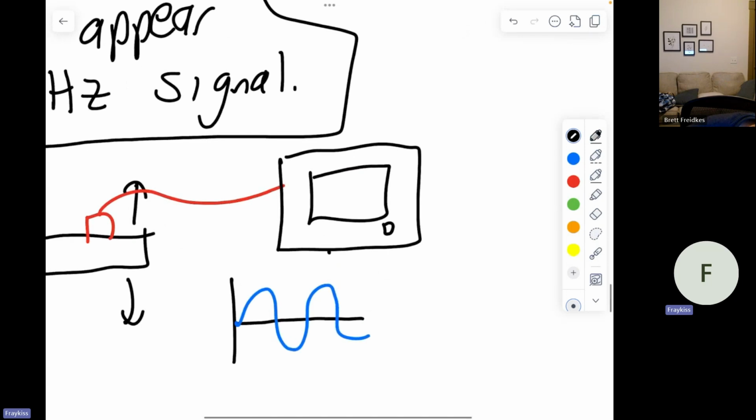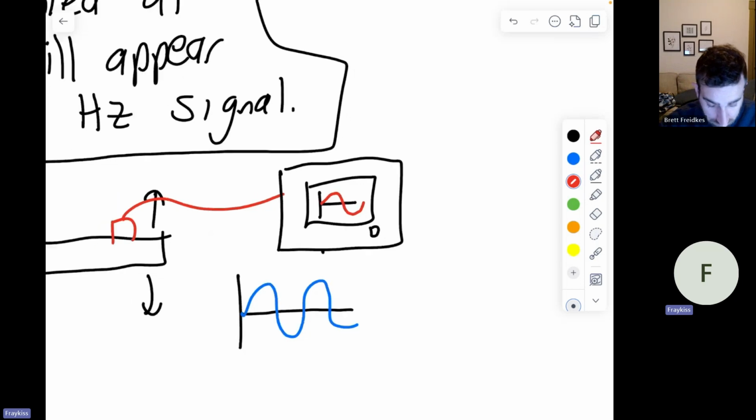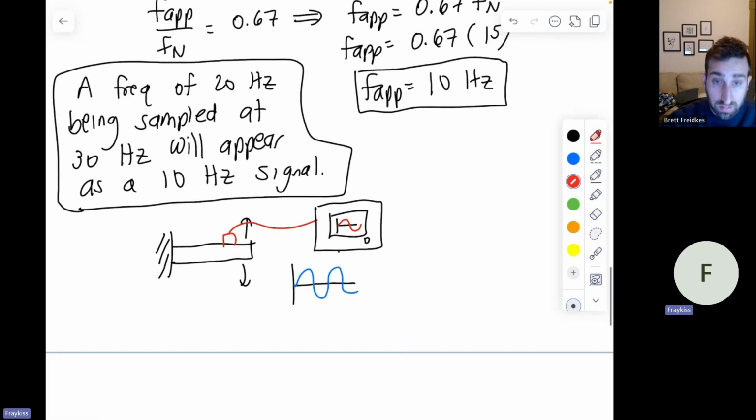We end up seeing something that is slower at 10 hertz because of the aliasing. That's the general idea. I want to do another example where we do multiple folds, but that's the concept.